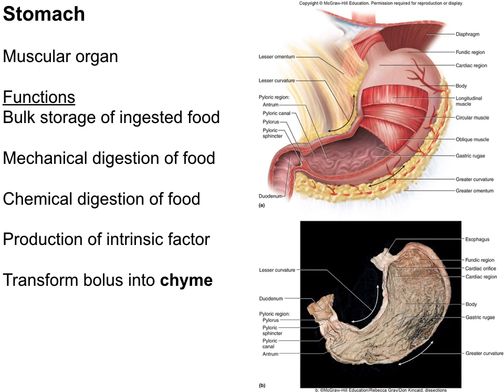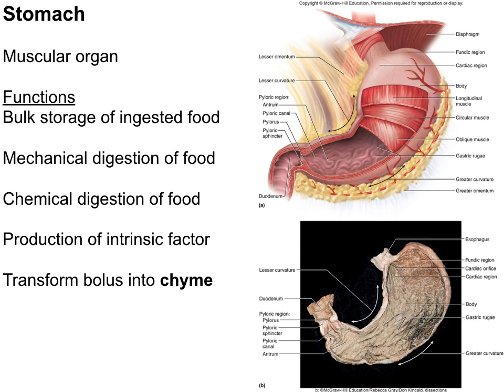So your stomach, with its ability to expand, can hold a very large volume of food from your meal and very slowly pass that ingested food into the small intestine at a small enough volume that you don't damage your small intestine. It's estimated that you only move 3 milliliters of food from the stomach into the small intestine at a time. And if you think about how much you eat at once, it's a whole lot more than 3 milliliters.